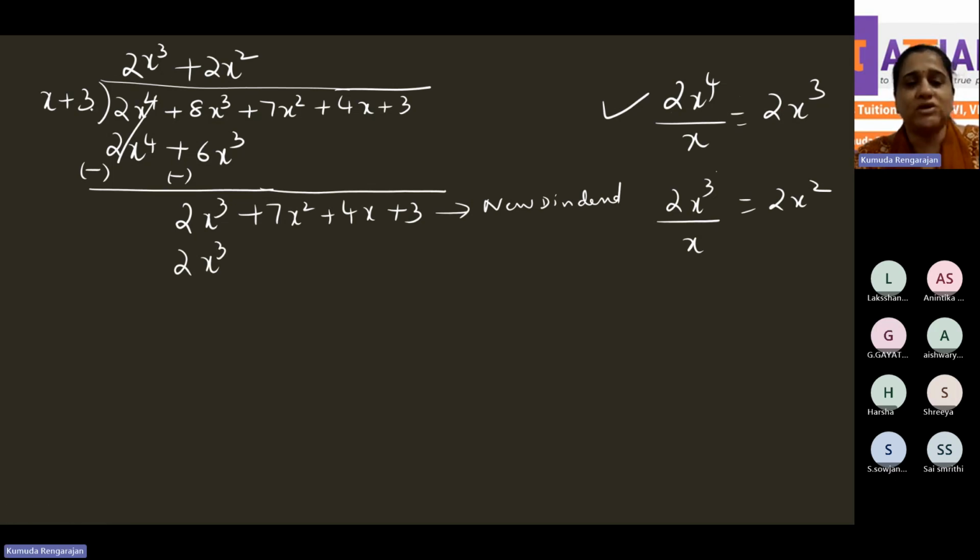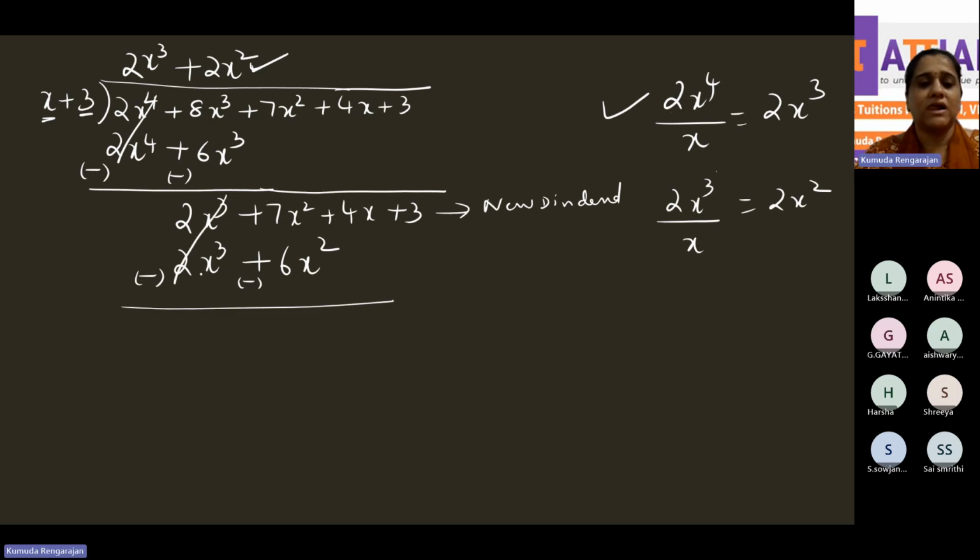Then 2x squared into 3, so it'll be plus 6x squared. Correct? Again, change the signs. Minus, minus, cancels. 7x squared minus 6x squared. 7 minus 6 is 1, so 1x squared or simply x squared.